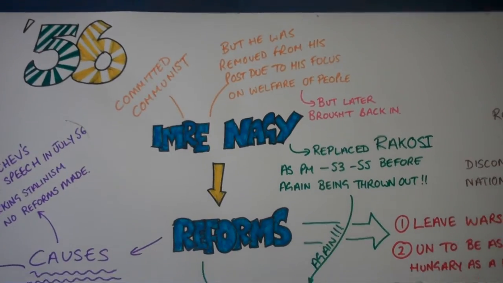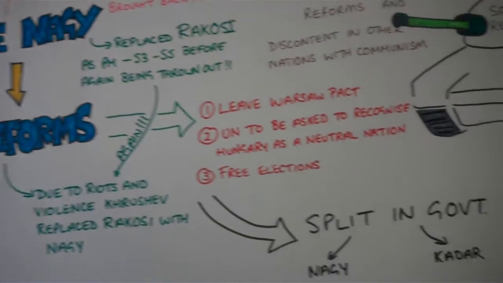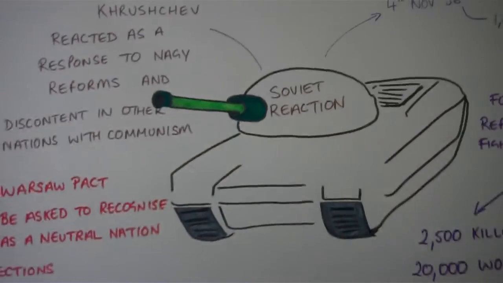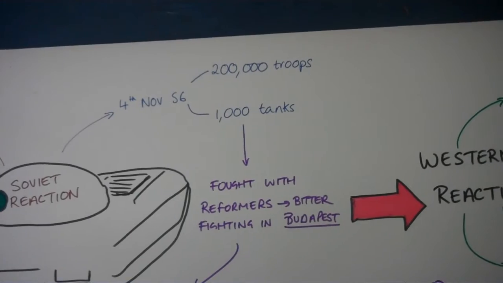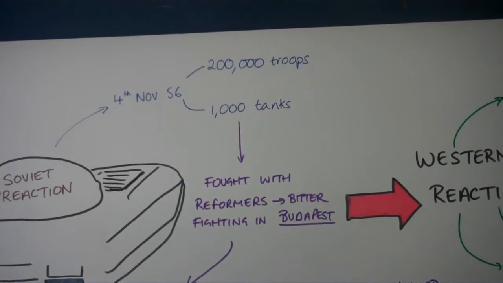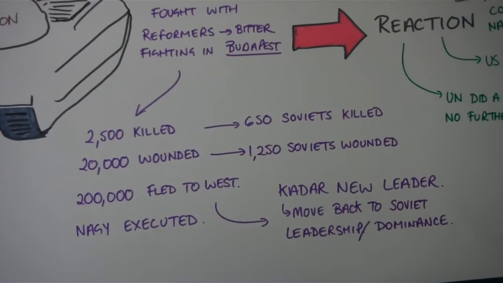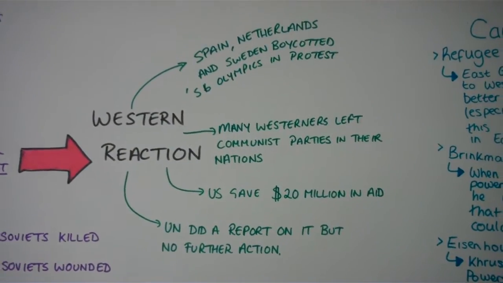Have a look at Nagy and his reforms, what it led to, and then the Soviet reaction to that, moving in to the invasion of Hungary in '56. The consequences of that, and followed by the Western reaction.